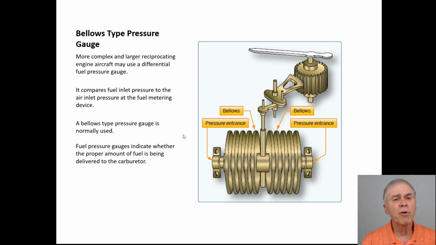A bellows type pressure gauge is normally used. Fuel pressure gauges indicate whether the proper amount of fuel is being delivered to the carburetor. You get a little more accuracy with the bellows because it can cover a greater amount rather than the Bourdon tube, which might have a limited range. This has a much greater range.